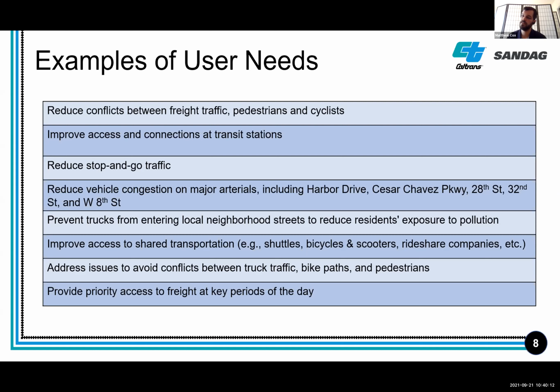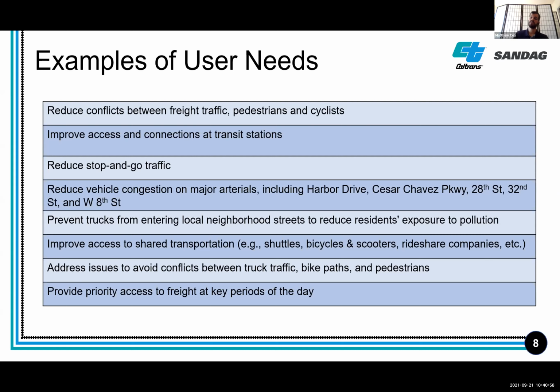Some of the user needs that we've developed, shown on the screen here, include reducing conflicts between freight traffic, pedestrians, and cyclists; improving access and connections at transit stations; reducing stop and go traffic; reducing congestion on major arterials; preventing trucks from entering local neighborhood streets to reduce residents' exposure to pollution; and improving access to shared transportation, whether that be shuttles or the flexible fleets that were briefly mentioned earlier in the meeting, shared bicycles and scooters, and access to pick up and drop off locations for rideshare companies, among others.